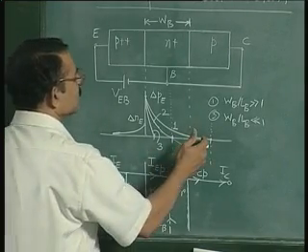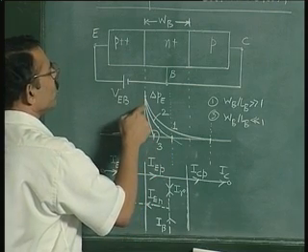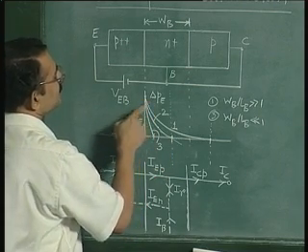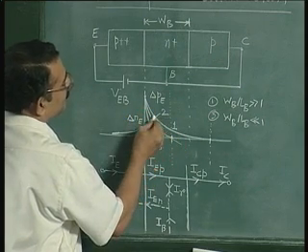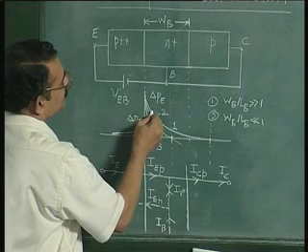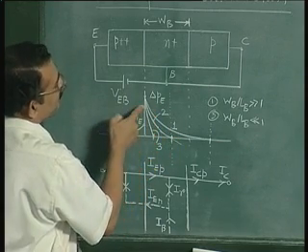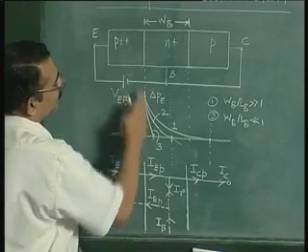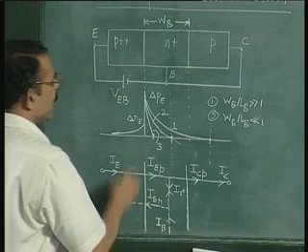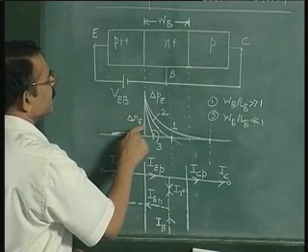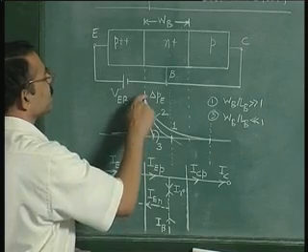So IE is equal to IEP plus IEN. Now as you reduce WB, you find that the slope of the hole concentration in the base is going on increasing. This is very clear. For case 1 your slope is less, for case 2 it is more, and then for case 3 it is even more. The slope is going on increasing as you reduce WB. Whereas since VEB is maintained constant, the boundary value of the excess carrier concentration is constant, it does not change.